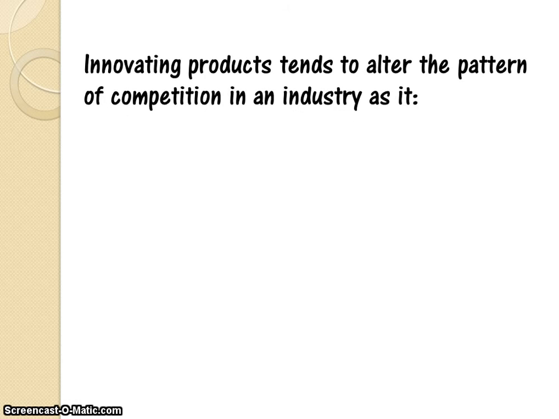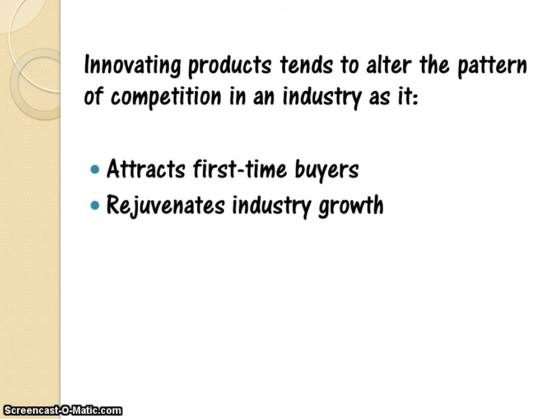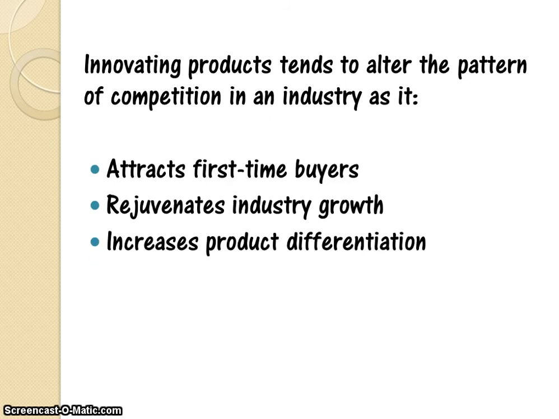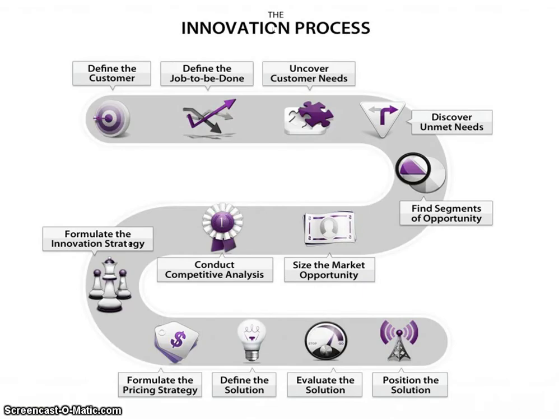Innovating products tends to alter the pattern of competition in an industry as it attracts first-time buyers, rejuvenates industry growth, increases product differentiation, and has effects on rivalry. Now we will discuss the innovation process, and it is important that these steps are done in the correct order.